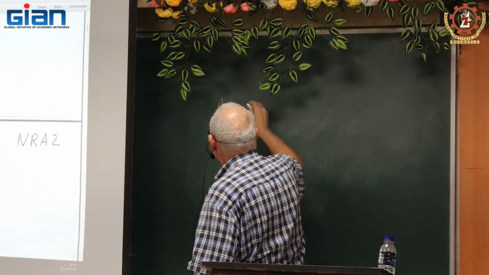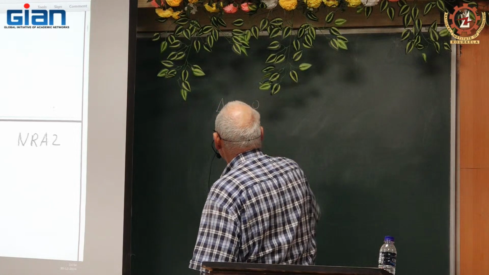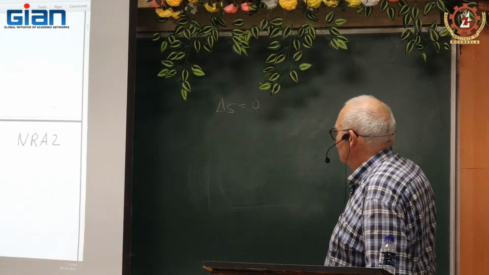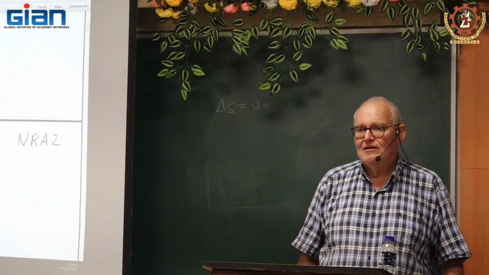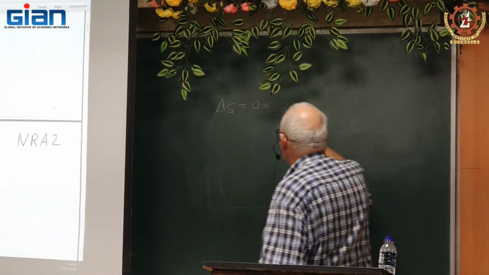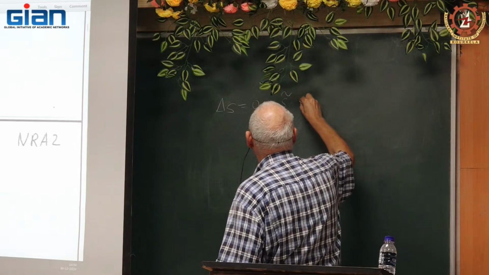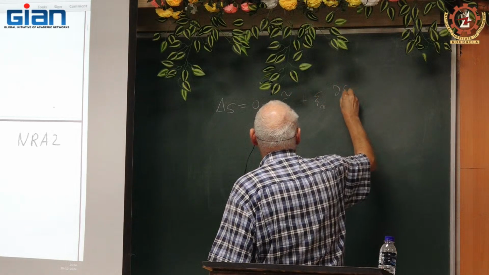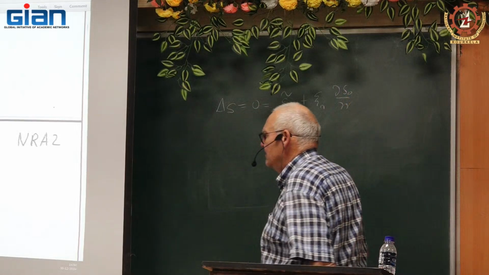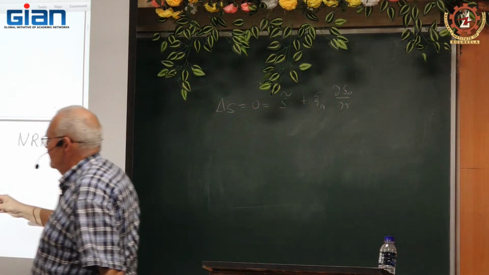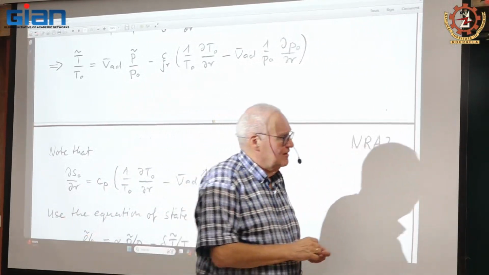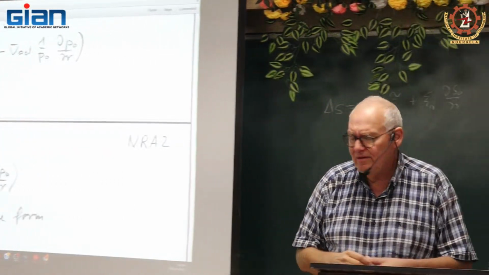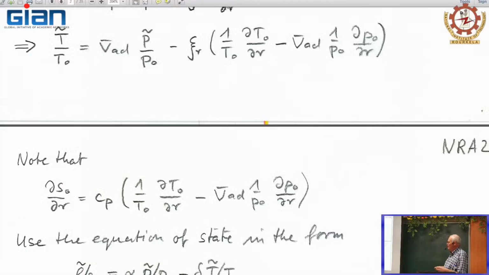This means the Lagrangian perturbation of the entropy equal to 0 is equal to, now we replace the Lagrangian perturbation by the Eulerian perturbation, S tilde plus psi r times dS naught over dr, and therefore we can identify this bracket, apart from the factor of the specific heat, with the entropy gradient of the hydrostatic model.